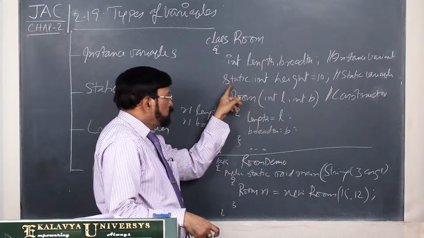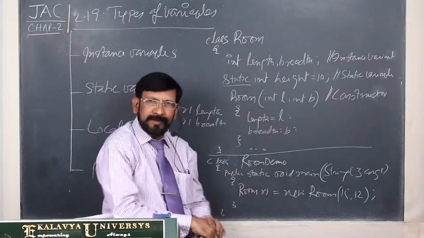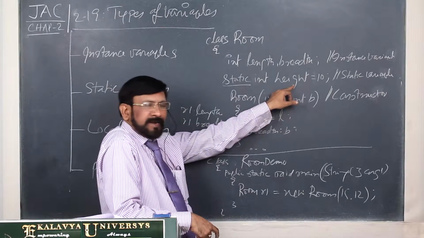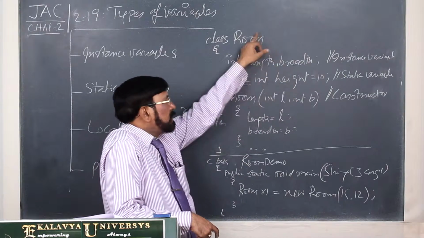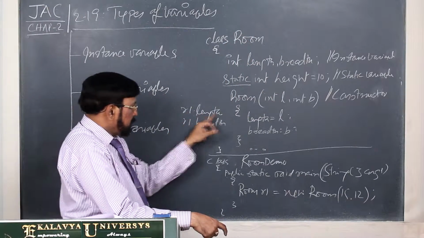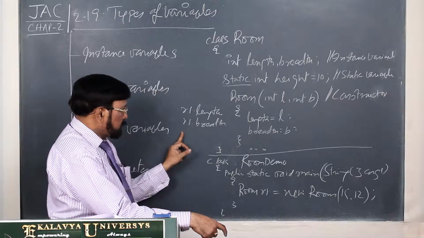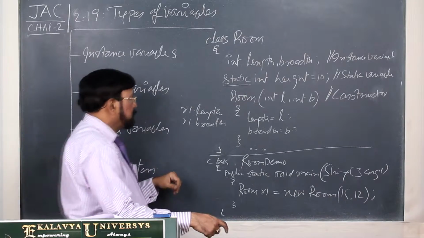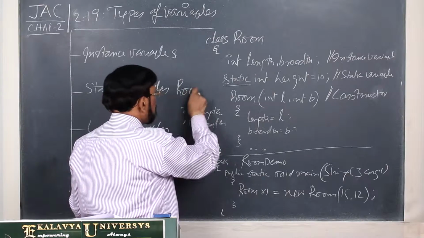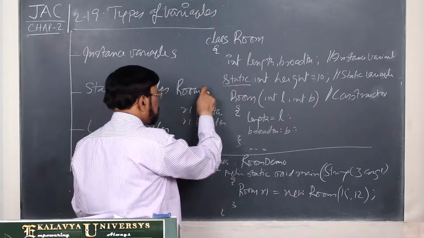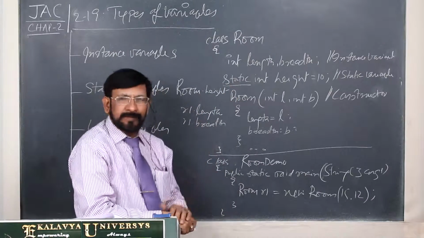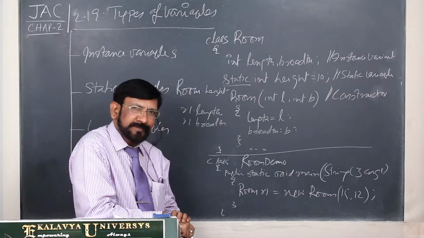By using the modifier static, we can declare this one as a static variable, that is a class oriented variable. How are we referring? R1 dot length, R1 dot breadth, R2 dot length, R2 dot breadth. But if we have to refer to height, it belongs to the class, not to any individual object. Then this is the way. These are called static variables or static fields.